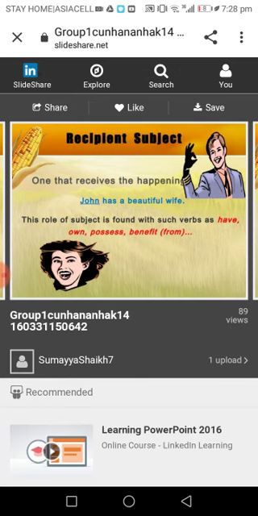So it refers to the person for whose benefit the action described by the verb in a sentence is performed. Here, for example, let's take first the subject, and then we're going to talk about the indirect object, because here the recipient takes the position of either subject or indirect object. The most common one comes with the indirect object.